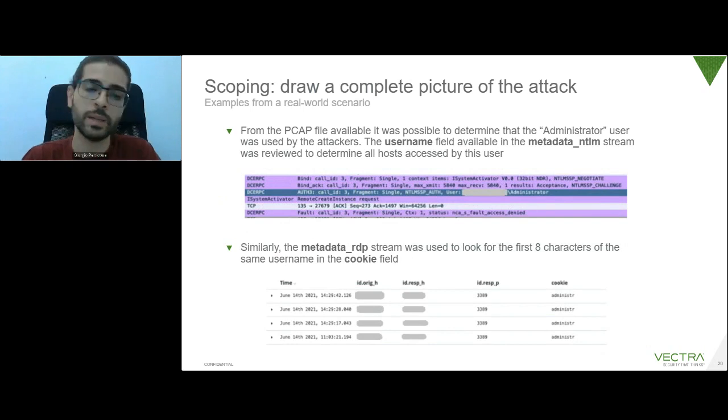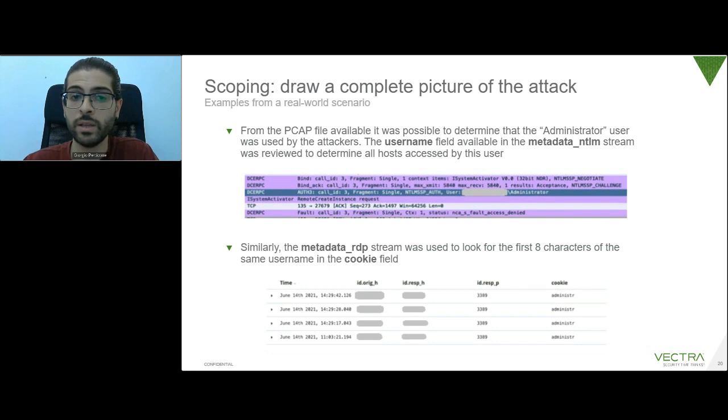Let me provide you with an example from a recent real-world scenario where we responded to an incident like this. All of these involve Vectra Recall. The first one you can see on this slide: from a pickup file that we gathered from one of our detections, we identified that an RPC call was using the administrator user.